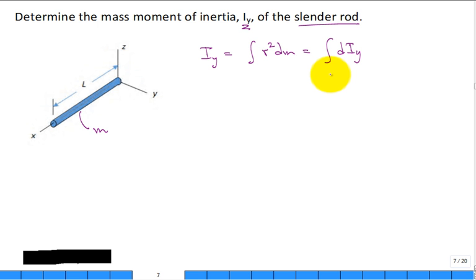Just sum up the little chunks of the mass moment of inertia for different chunks. Well, it looks like a chunk right here is located a distance from the y-axis. That distance is x, isn't it? And so you could continue to work on this. You could say, okay, it's x squared times the dm, integral x squared dm.